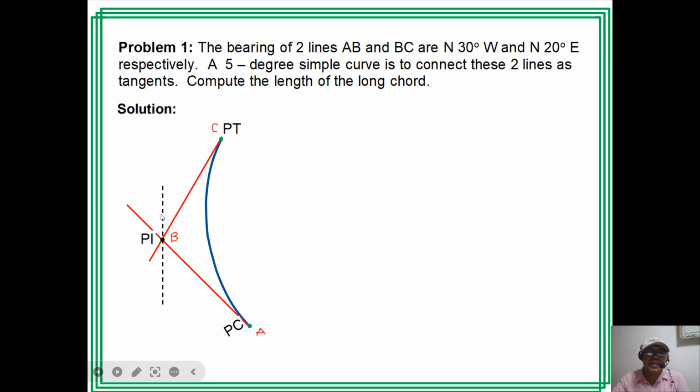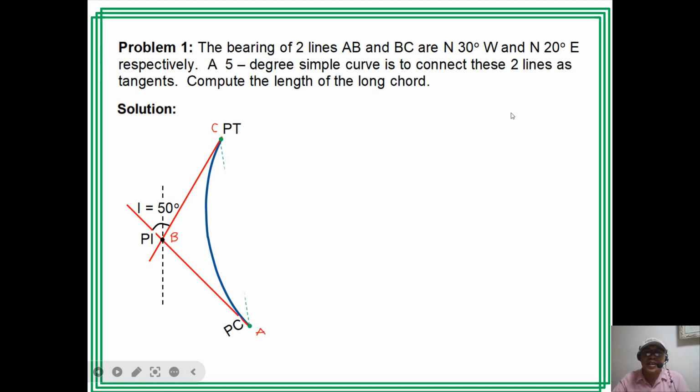So this is north 30 degrees west, then north 20 degrees east. So the angle here at the intersection is 50. So that is also the central angle of the simple curve.